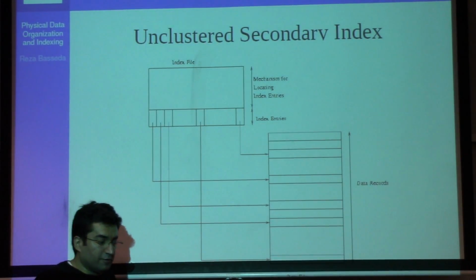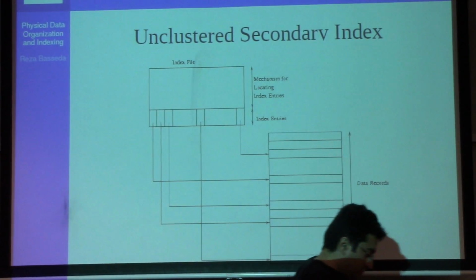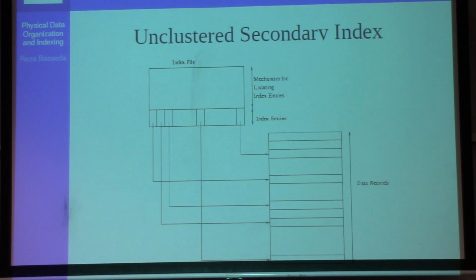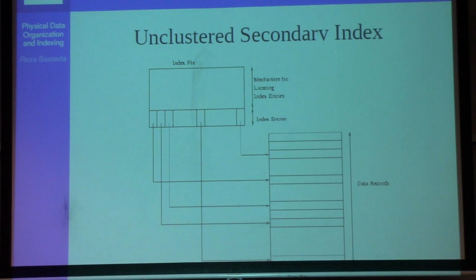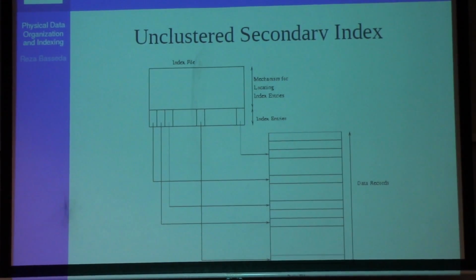My question is now, remind me, what was the advantage of clustered indexes? It is sorted. It's sorted for what? It was good for range queries. Yeah, we talked about range queries.